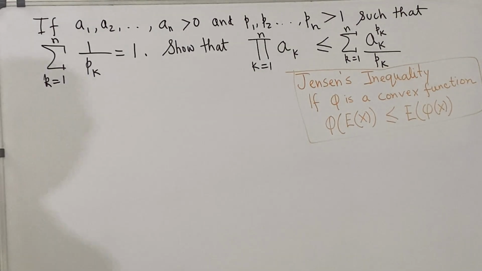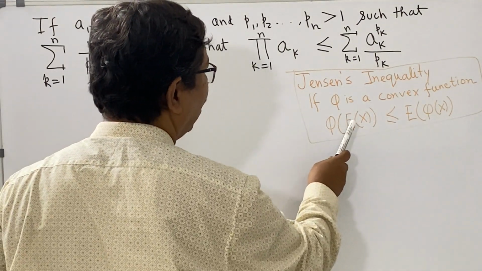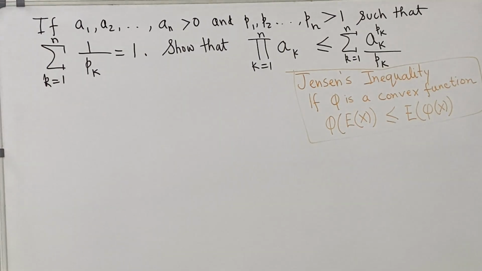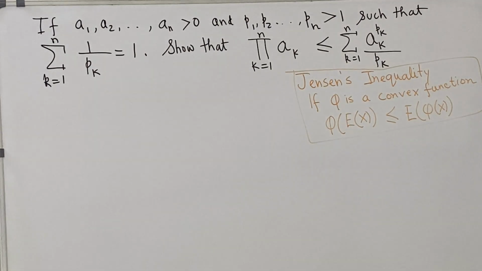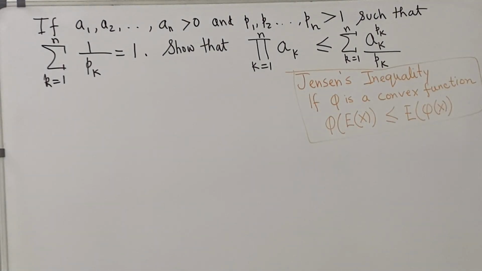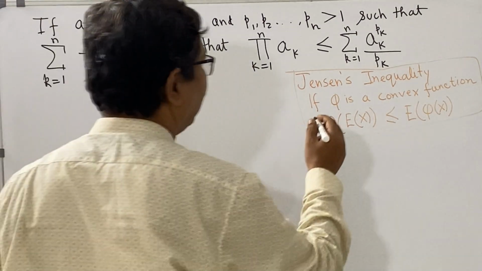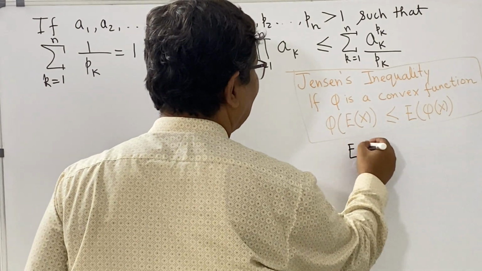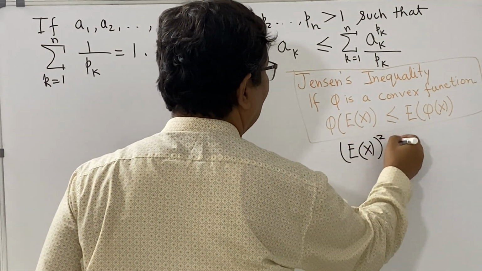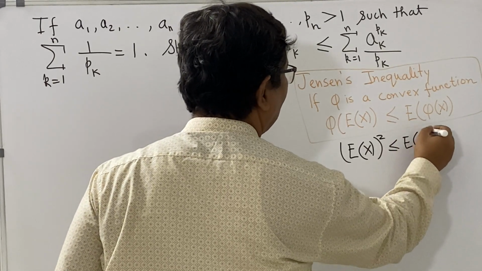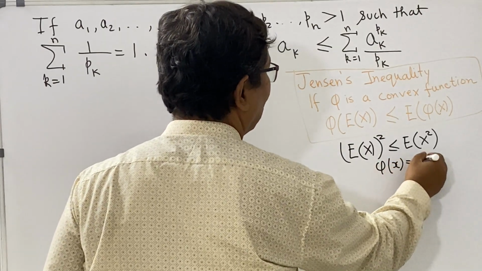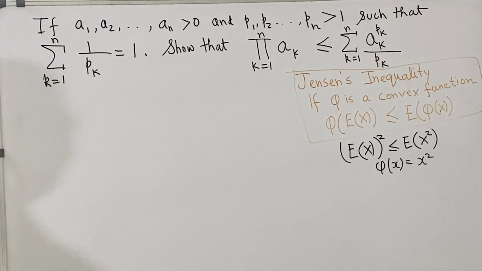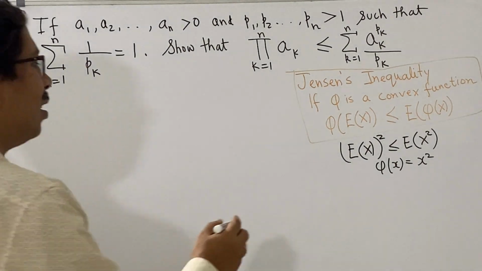Suppose X is a random variable with expected value E of X and phi is a convex function, then phi of the expected value of X is less than or equal to the expected value of phi of X. The most well-known example of this is the result that E of X, whole square, is less than or equal to the expected value of X square. Here, of course, we are using phi of x equal to x square, which is a convex function.